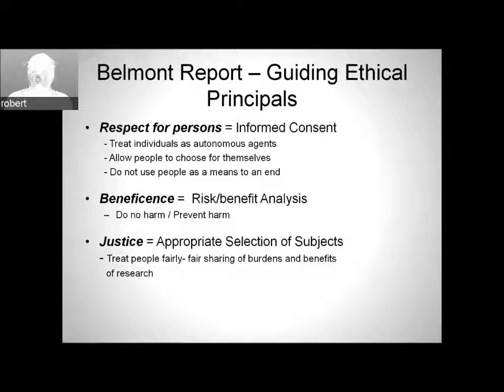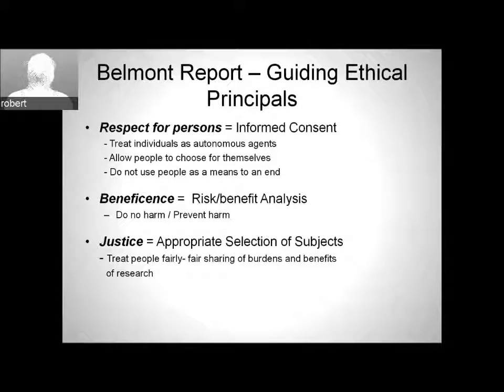It's to treat individuals as autonomous agents and allow people to choose for themselves. Do not use people as a means to an end. As I said earlier, one of the key things that we find in respect for persons is that their participation is voluntary and their withdrawal from research is voluntary, and coercion cannot be used in order to get them to remain.